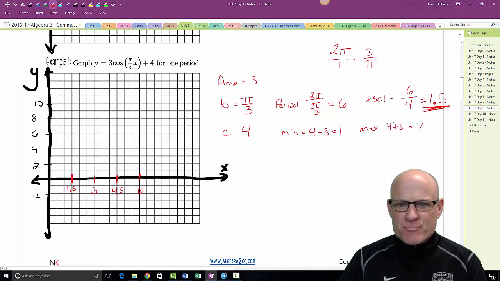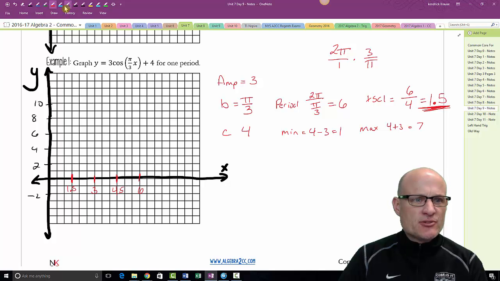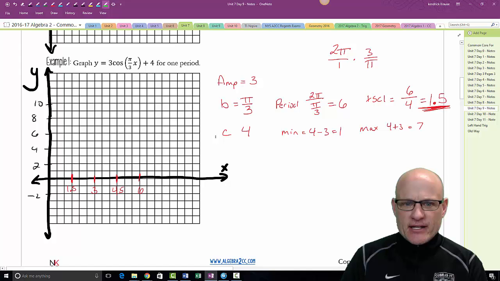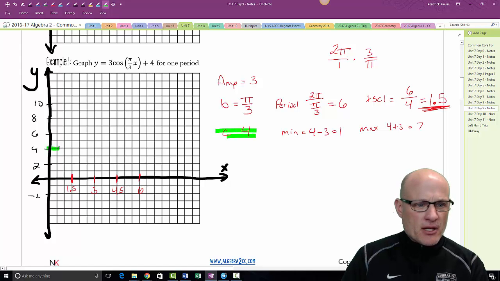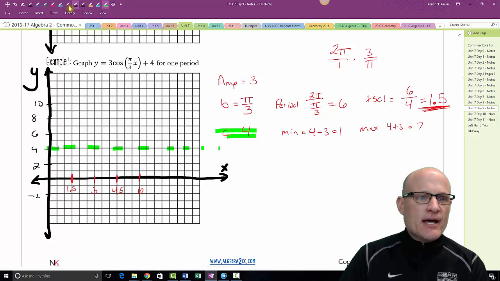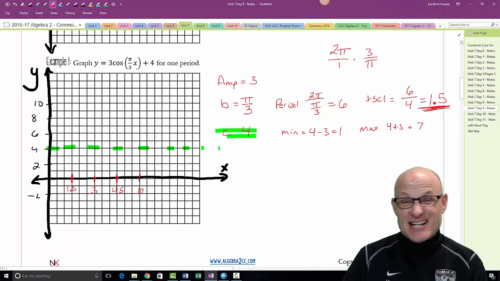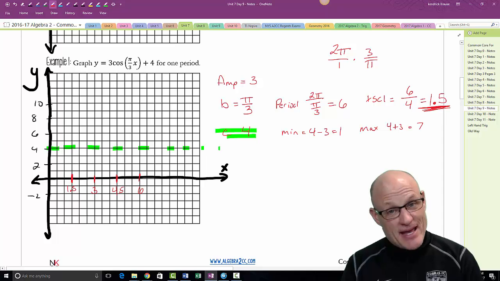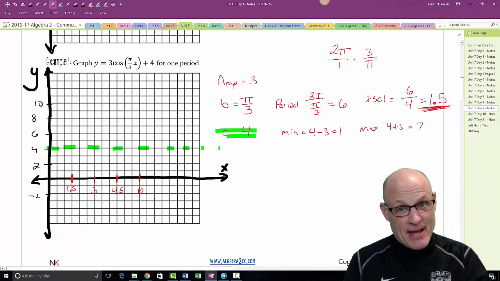Okay. Let's get our midline in there, in green again, just for fun, so you can see it on this weird graph. Midline is 4. And let's graph this sucker. Now, this is a cosine curve. It starts at a max and ends at a max. In between is a min.